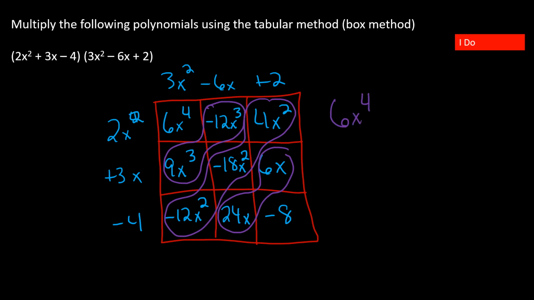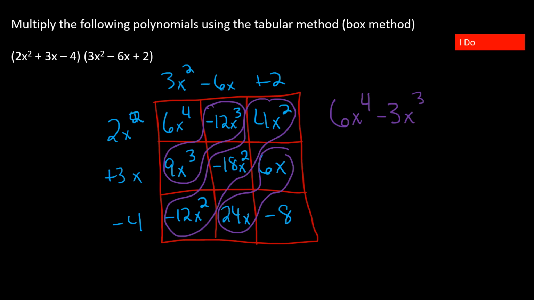We then want to do the combination of 9x cubed minus 12x cubed, which would be a negative 3x cubed. Then we have negative 12x squared minus 18x squared plus a 4x squared. So negative 12x squared minus 18x squared would be a negative 30x squared.